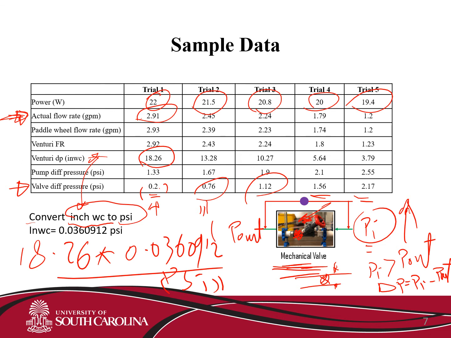And if you need it in another unit, like Newton per meter square, whatever you like. I will send you an Excel file. This data just shows how to do the calculation. Okay, thank you.